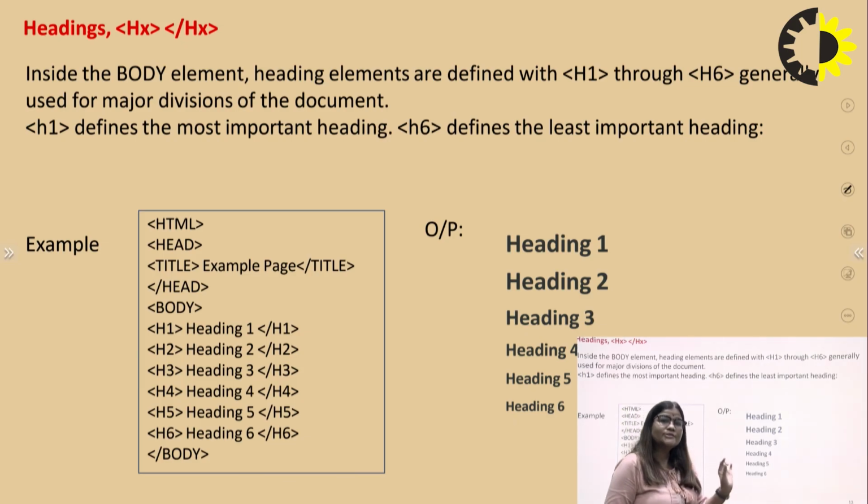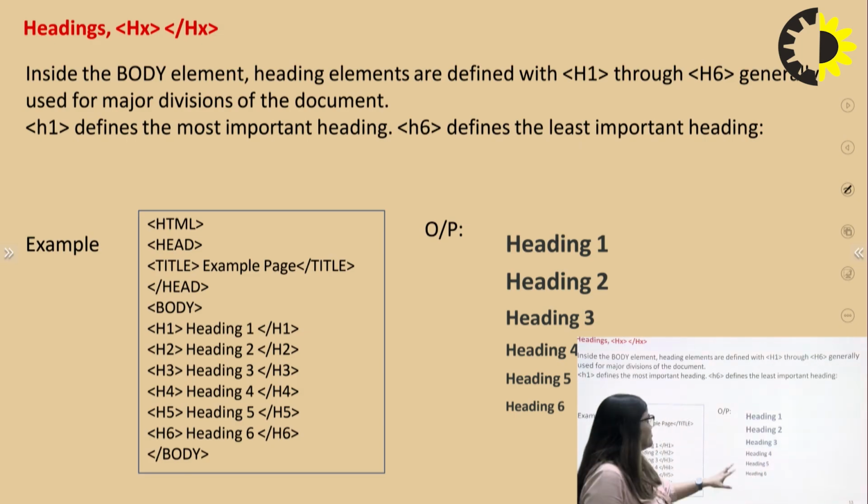So H1 is the biggest heading, and after that as we increase the number we get smaller sizes. So we have 6 types of heading tags from H1 to H6.